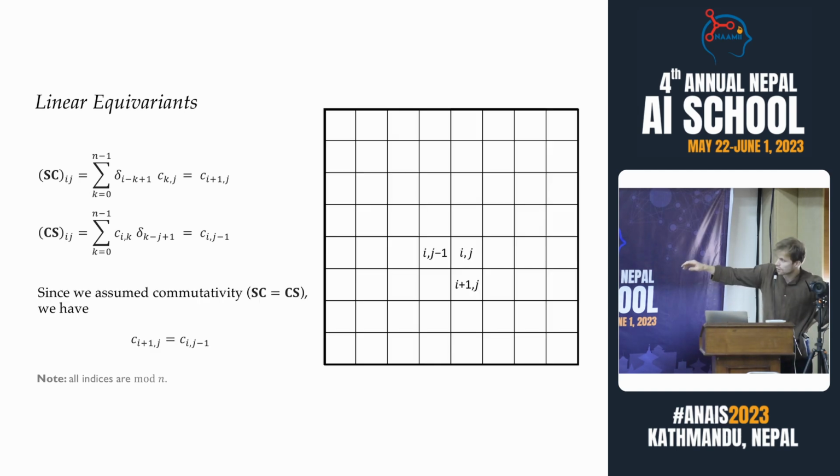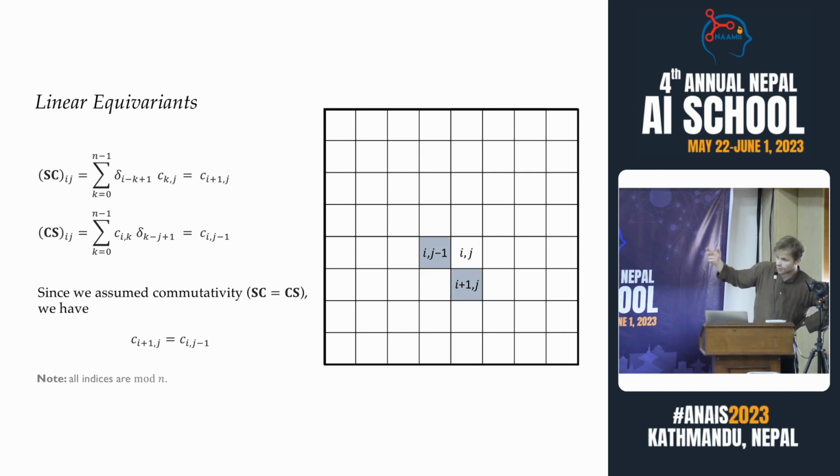And so what we're going to need is that C(i+1, j) is equal to C(i, j-1). And here I colored the two parameters. And this is where you see that the two parameters that are diagonally neighbors should be equal. Okay, they have to be equal if we want the two matrices to commute. And this is how we're going to reduce the dimensionality of the space of functions we're trying to compute.